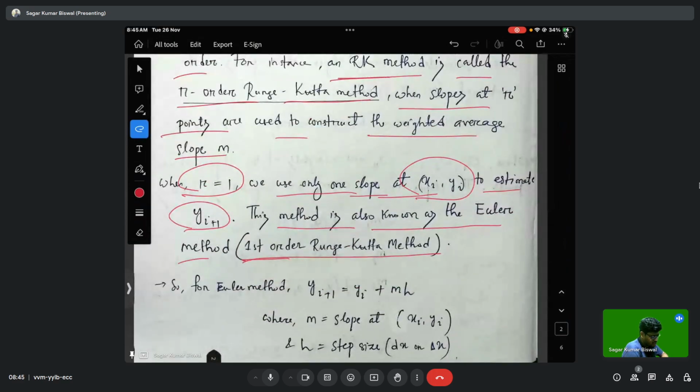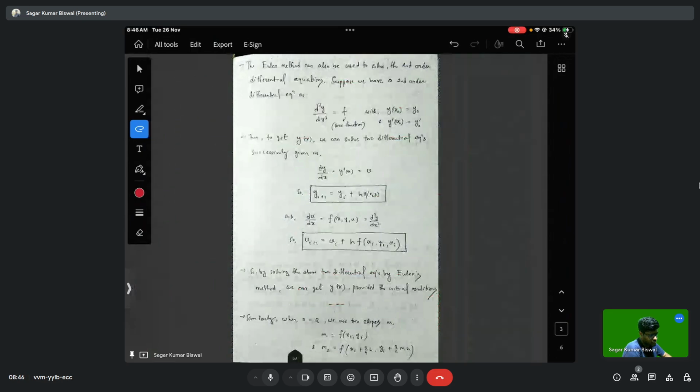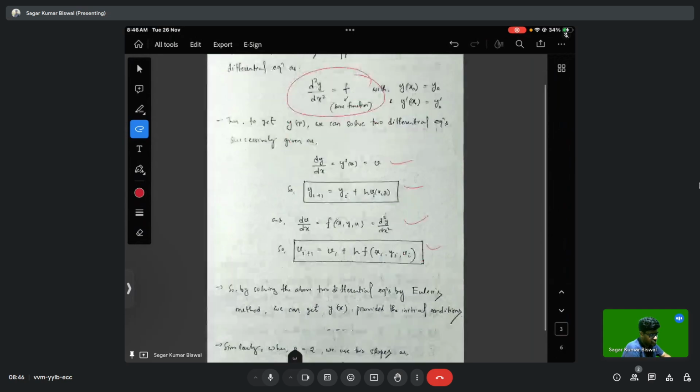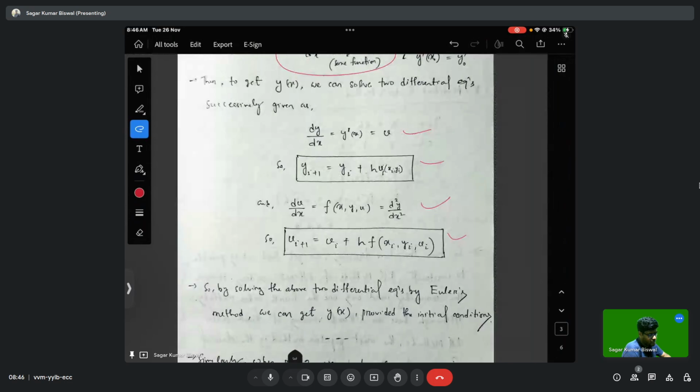So we are discussing the Euler method, and the Euler method is also known as the first order Runge-Kutta method. In the Euler method, this is the formula, and this is the slope at only 1 point, and h is obviously the step size. Now I am also discussing here how to solve a second order differential equation that I have already mentioned before, right?